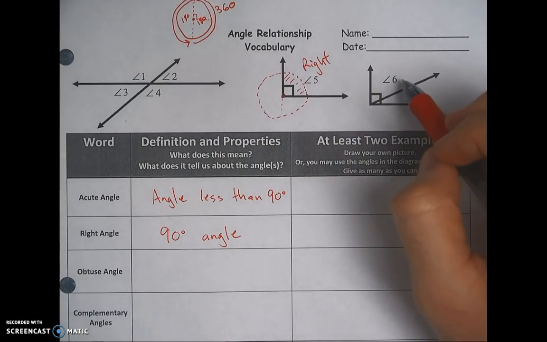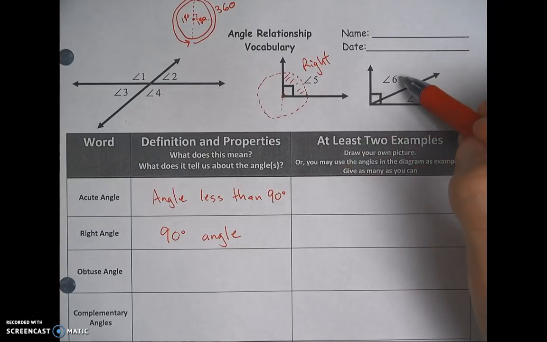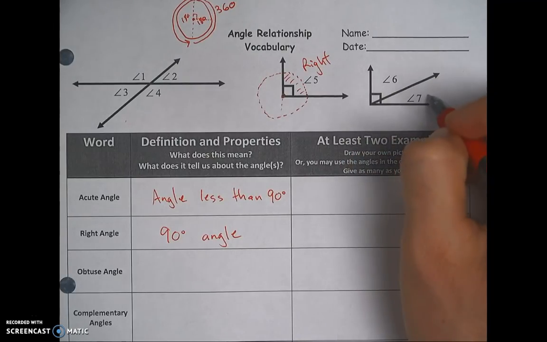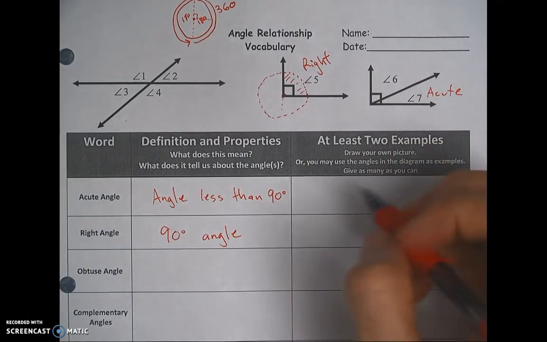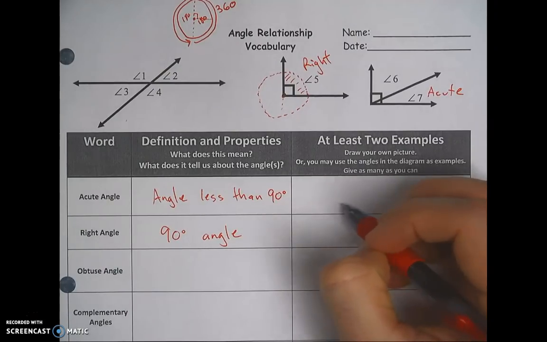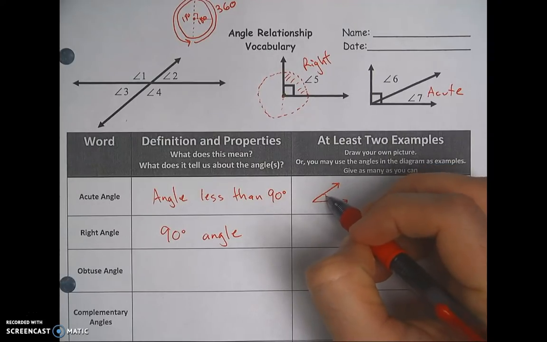If we look at angle 6 and angle 7, they're cut up from a 90. So each one of them has to be less than 90 because together they make 90 degrees. They have a special name, which we'll talk about, but each one of these is acute. So if we were going to draw an acute angle, think about what a 90 looks like, and you want to draw an angle that takes up less space than a 90, and we say that it's closed.